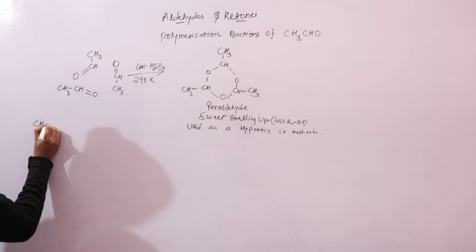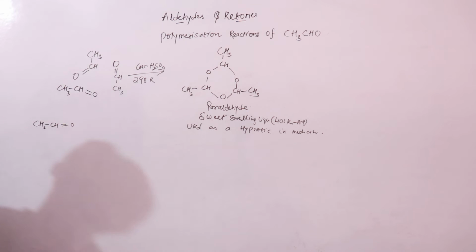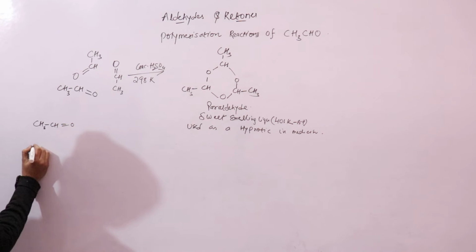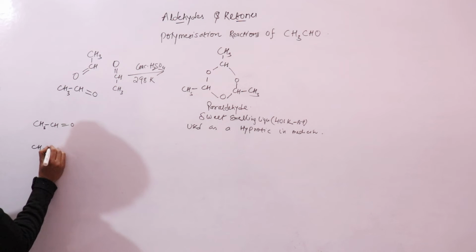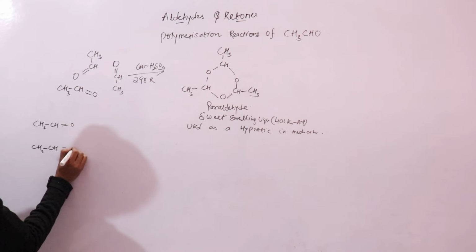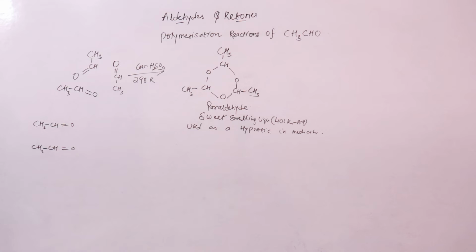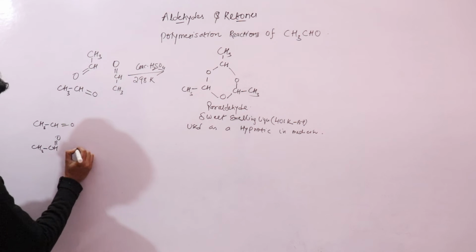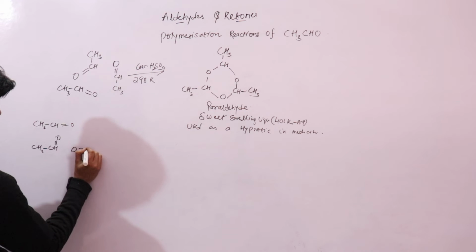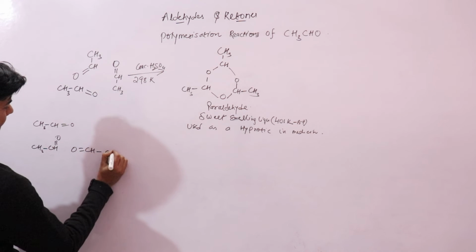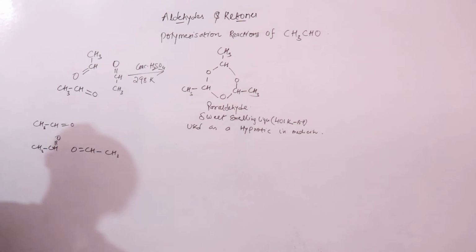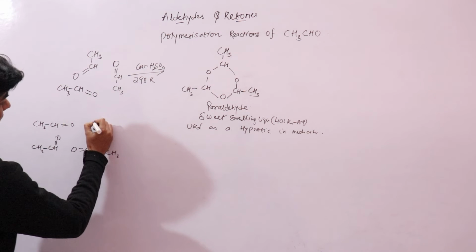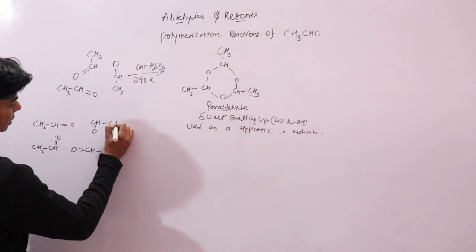So let's see the formation. CH3CH double bond O, then you have CH3CHO. Or better, we'll write it like this. So O, then you have CH3, then you have CH double bond O, CH3.